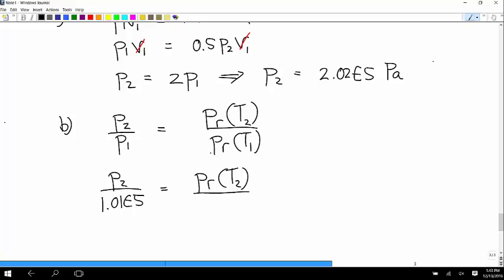The relative pressure at temperature 1 is 1.3068 in SI units.